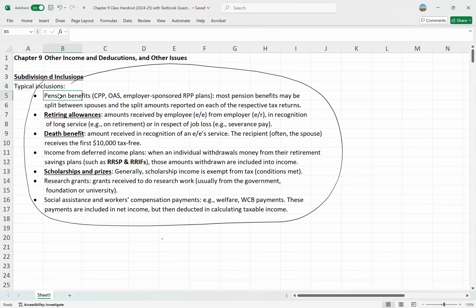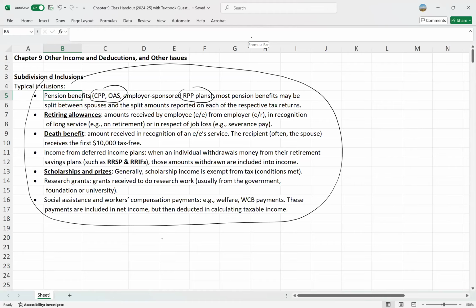The first one talks about pension benefits. So if you are getting CPP or OAS from the government when you retire, when you turn 65, or if you get money from a company-sponsored pension plan, remember we talked about RPPs, how if you put money into an RPP, that is a deduction when you're calculating your employment income.